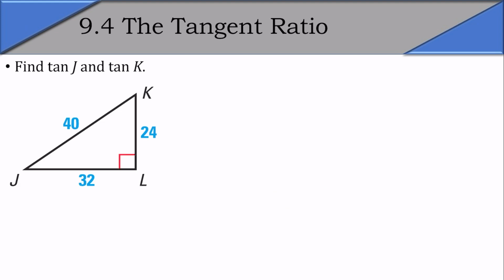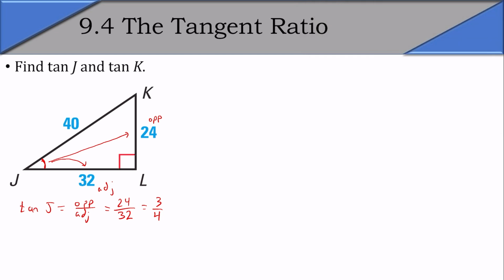Let's find tangent of J and tangent of K. Well, here's J. So the 24 is the opposite leg, and the 32 is the adjacent leg. So tangent is the opposite over the adjacent, so it's 24 over 32. I can reduce those both by 8 and get 3 over 4.